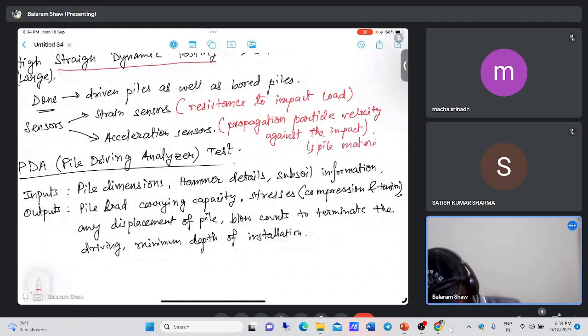So mainly the acceleration sensor and the strain sensors are used for this.